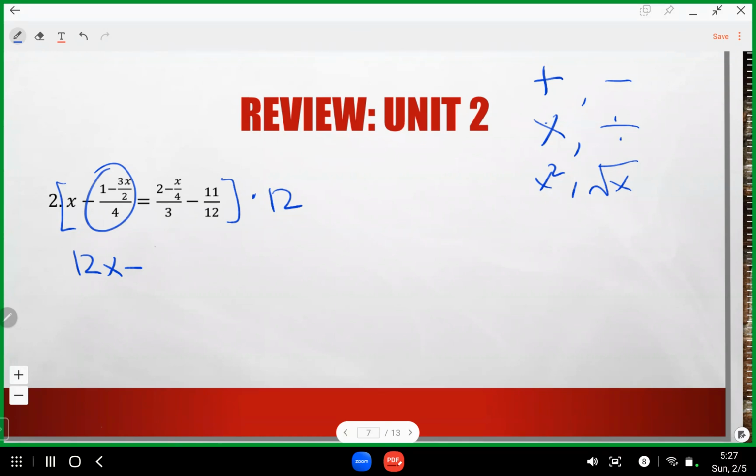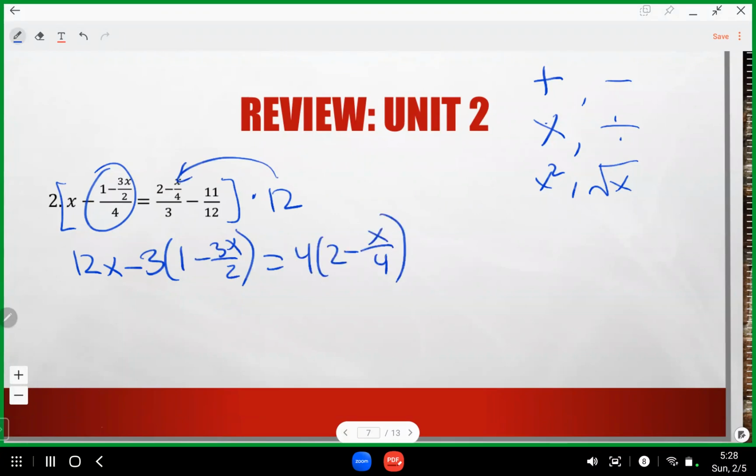If you multiply this big thing by 12, you can see 12 and 4 kind of cancel out. So you're left with 3 on top and 1 on the bottom. So it's just going to be 3 times 1 minus 3x over 2. Similarly, 12 times this is just going to be 4 times 2 minus x over 4, right?